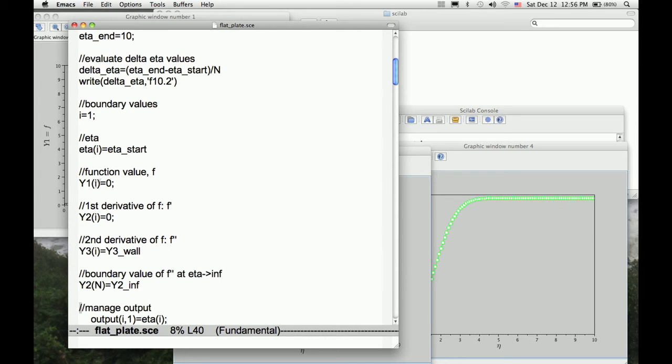So, these are values. Now y2 is the first derivative of f. These are the boundary conditions. The first derivative of f at y equal to 0, f dash is equal to 0.